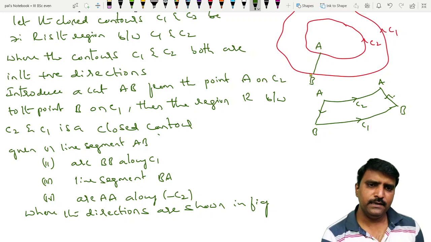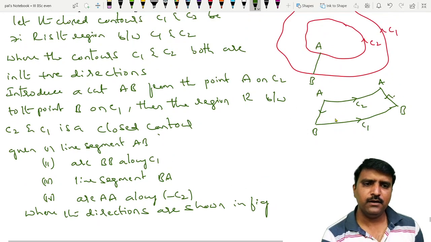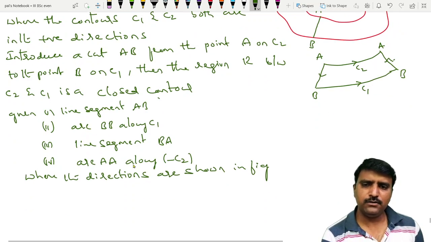After coming back to B, again I have to move from B to A. That is the line segment B to A. After going back to point A, from here you have to move to this point A, from A to A. After that the direction has to come like this, and this direction is opposite to C2, so you can take it in the direction of minus C2. The same thing I have written here: along line segment AB, after that arc B to B along C1, after that line segment B to A, and then along AA.